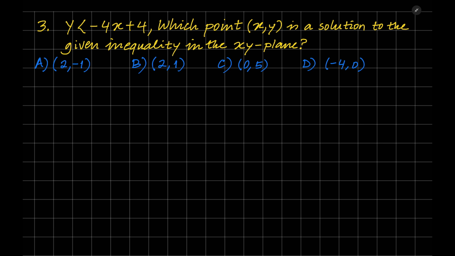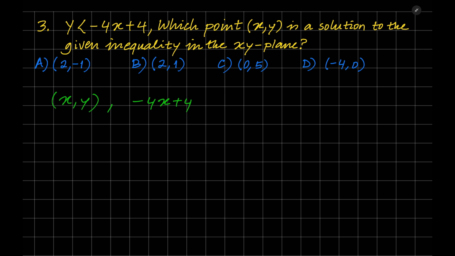For a point (x, y) to be a solution to the given inequality in the xy-plane, the value of the point's y-coordinate must be less than the value of minus 4x plus 4, where x is the value of the x-coordinate of the point.